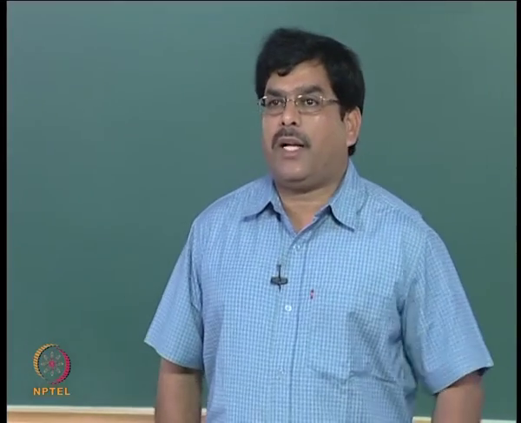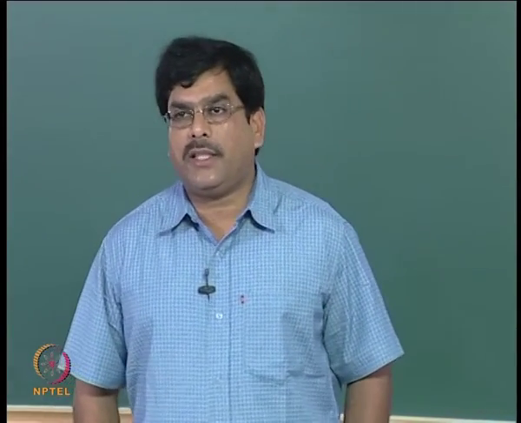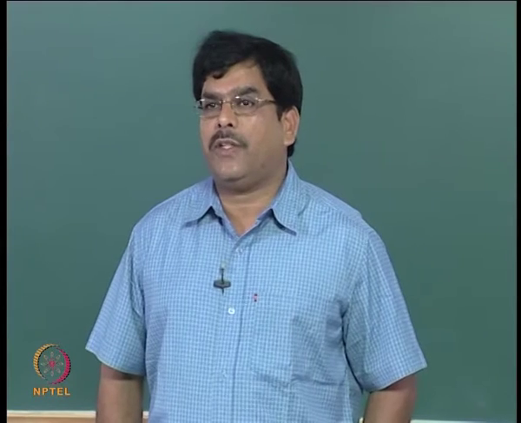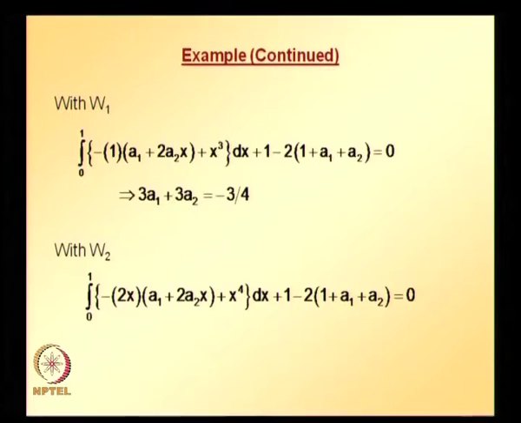And when i takes value equal to 2, you get this equation, that is, you substitute w2 and the corresponding trial solution and derivative of the trial solution, which simplifies to this equation. Here you can see there are two unknowns to be determined, a1 and a2, and two equations. So you can solve these two equations simultaneously and get the coefficients a1 and a2.